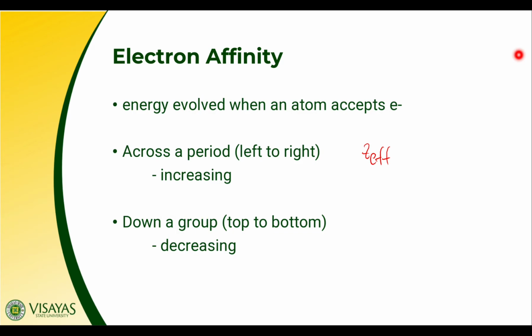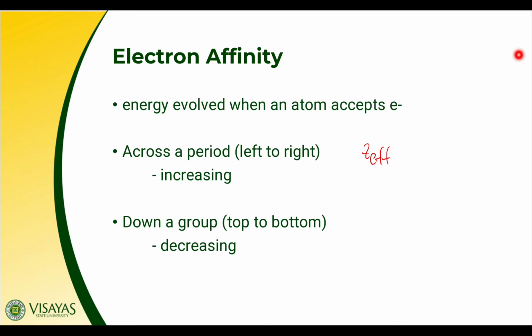That is why from left to right, the atom tends to pick up electrons easily. They tend to accept electrons from left to right because, again, the electrons feel more the net positive charge, or the positive charge of the nucleus.